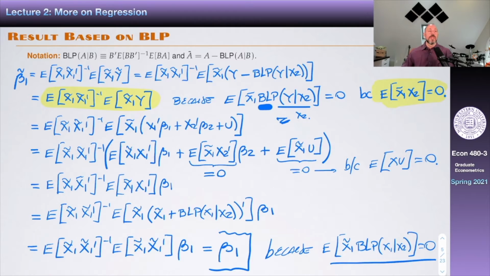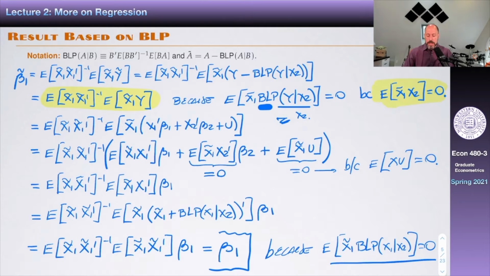And we're done. We proved that the beta 1 that you obtain in a regression of y onto x1 and x2 is exactly the same as the beta 1 in a regression of y partialed out from x2 onto x1 partialed out from x2.